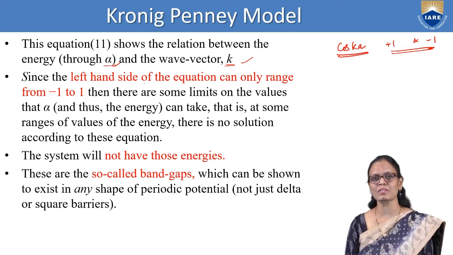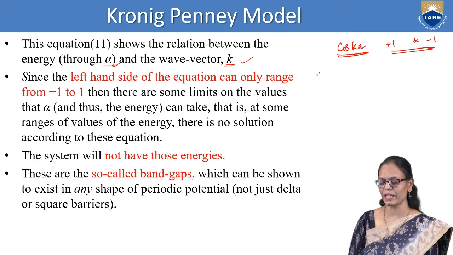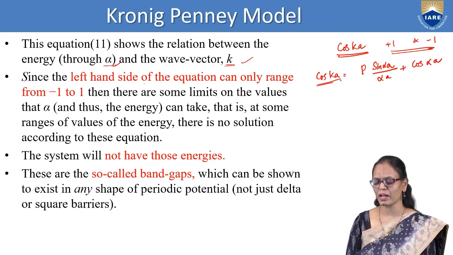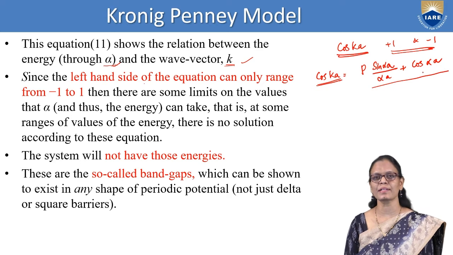So there are limits on the values of alpha. Because it is an equation, cos ka is equal to P sin alpha a by alpha a plus cos alpha a. If the left hand side is limited between +1 and -1, this applies to the right hand side also.